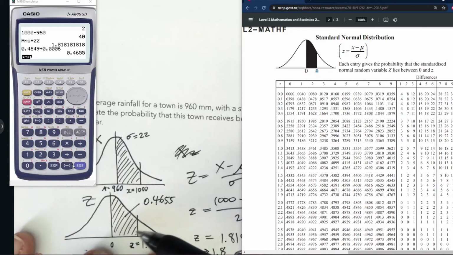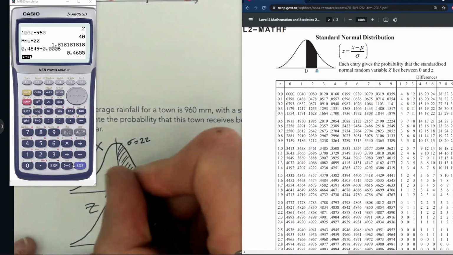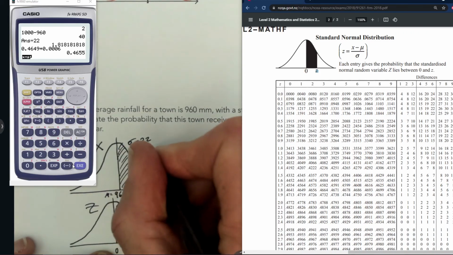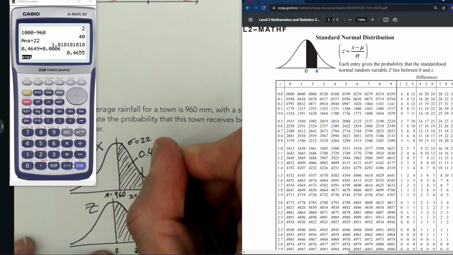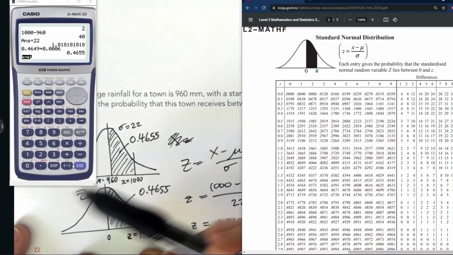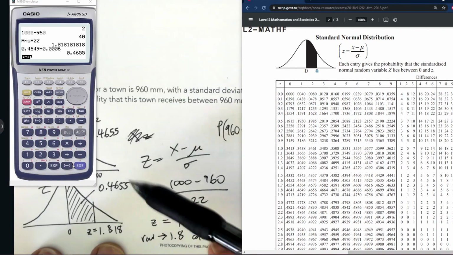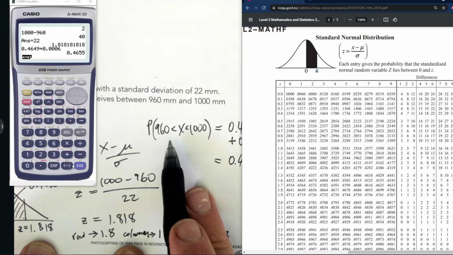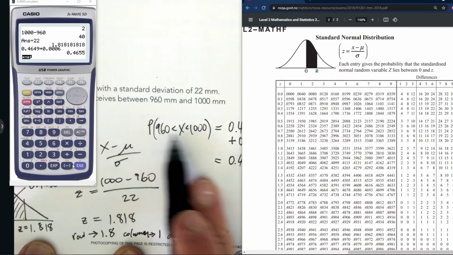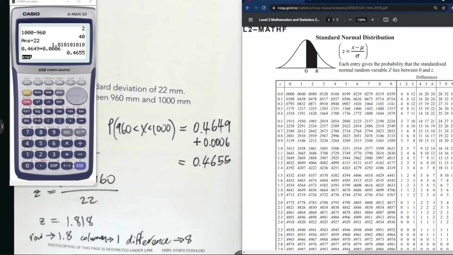And these are proportional to each other. So if that's 0.4655, that means this one is 0.4655, right? Because they are proportional to each other. That's why we standardize using this formula, and that means that we find our exact probability. So the probability that the town receives between 960 and 1,000 millimeters of rainfall is 0.4655.